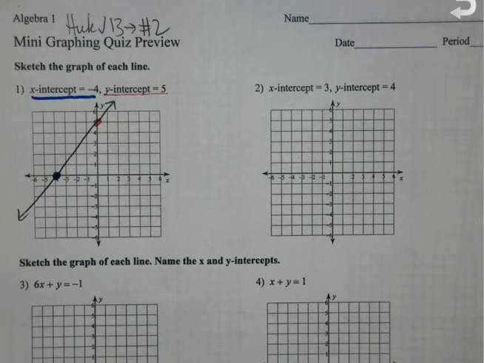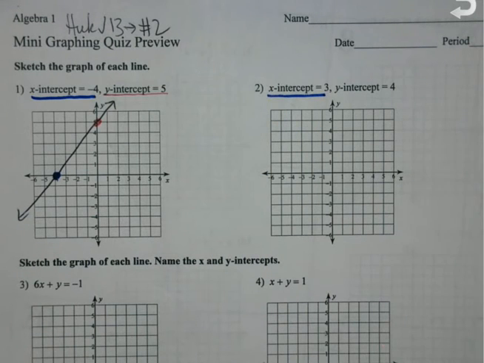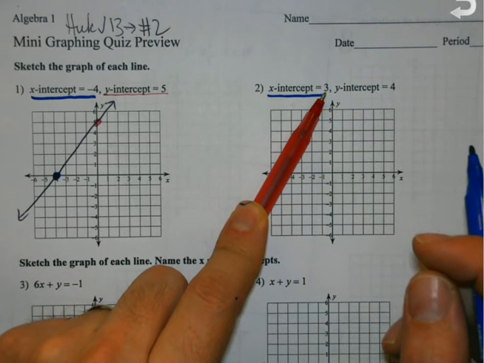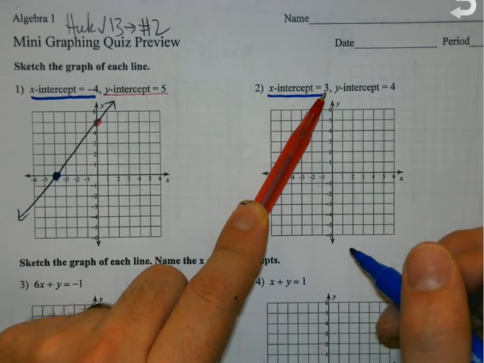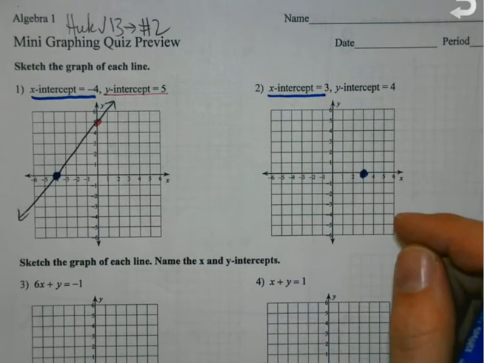So I would do the same thing on number 2. Which direction are we going for our x-intercept, where the x-intercept is 3? I'm going to head to 3.